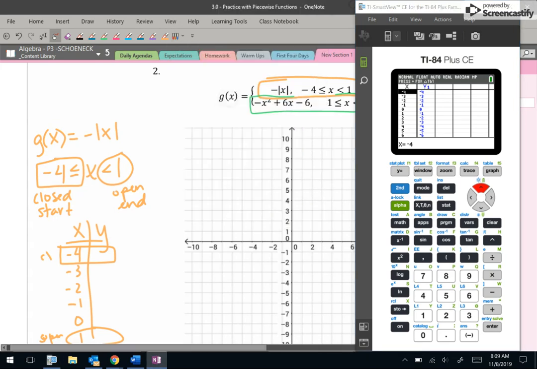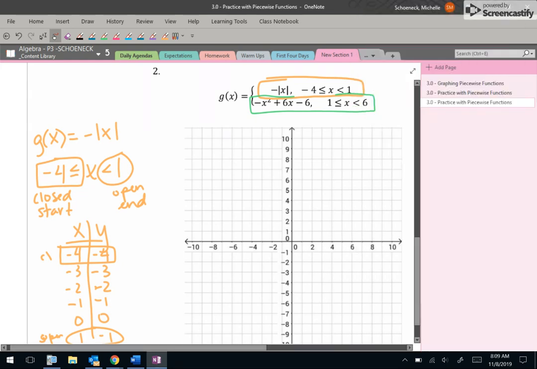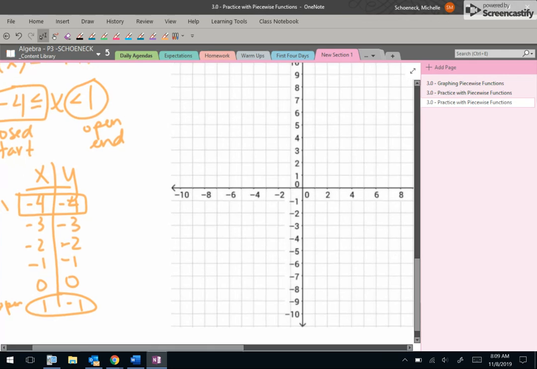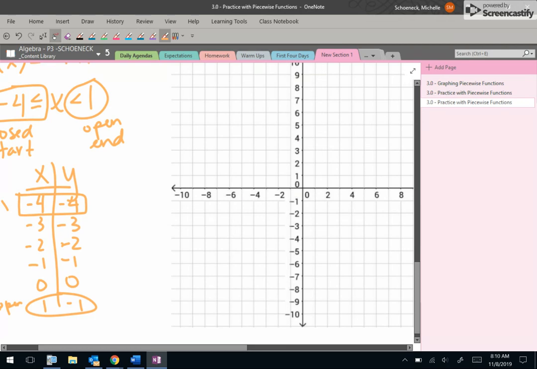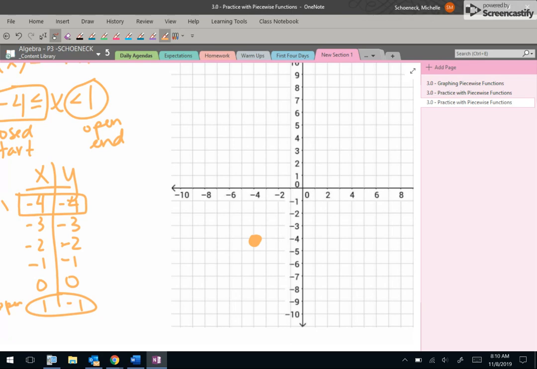So we've got the points negative 4, negative 4; negative 3, negative 3; negative 2, negative 2; negative 1, negative 1; 0, 0; and 1, negative 1. Let's plot these points. Remember, a nice big closed circle at negative 4, negative 4, and all the rest are regular. 1, negative 1 is an open circle.